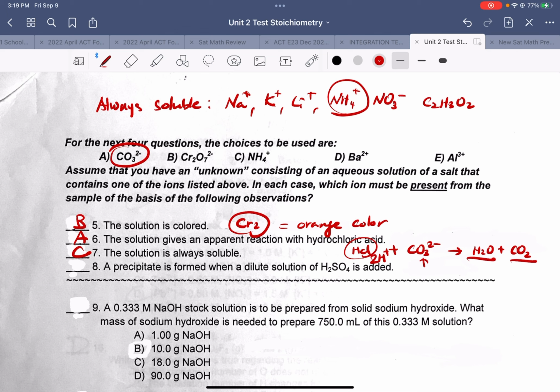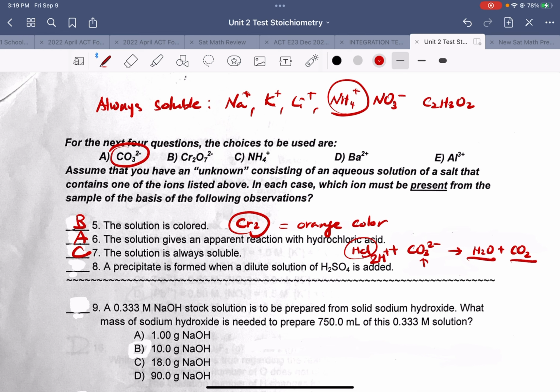Now number 8, a precipitate is formed when dilute H2SO4 is added. Which one forms a precipitate? A precipitate is a solid state. So which one, when you combine?